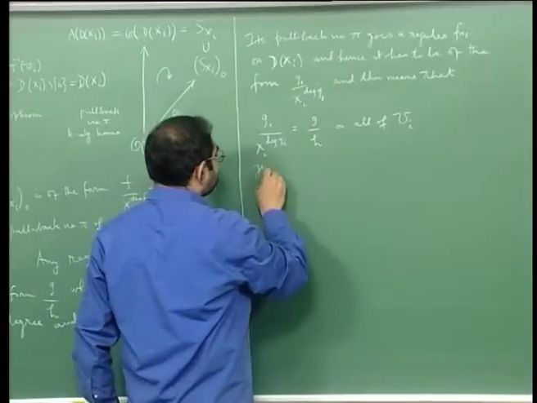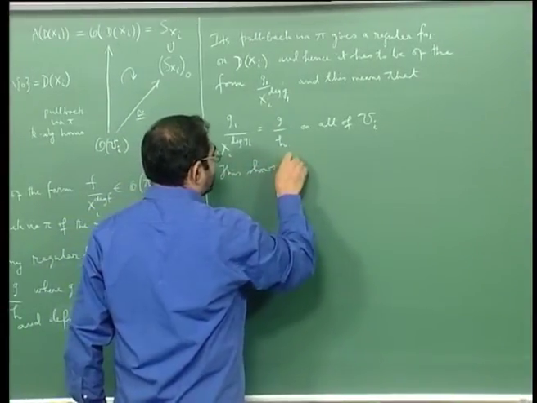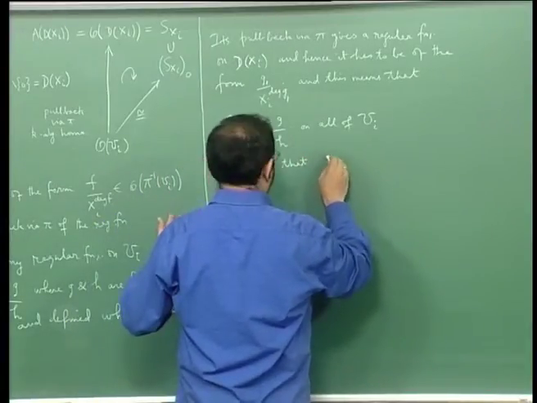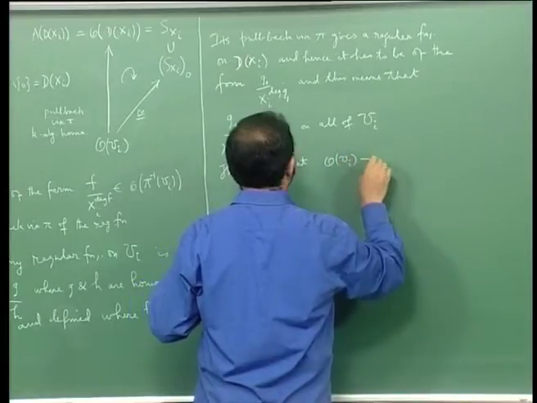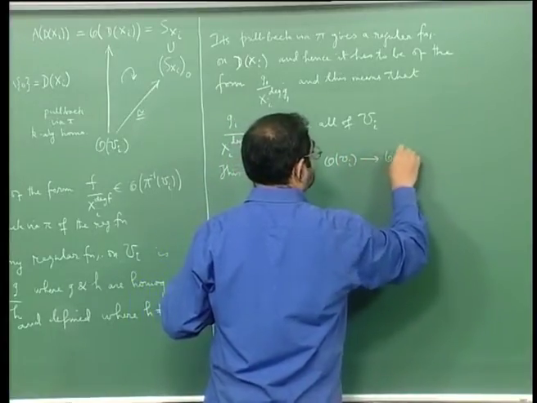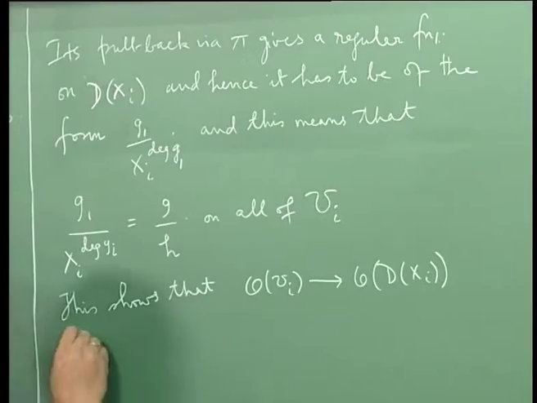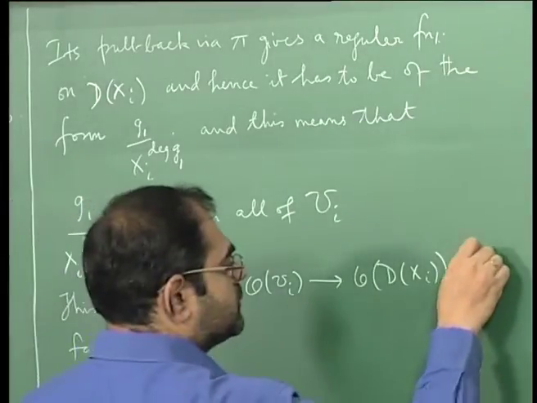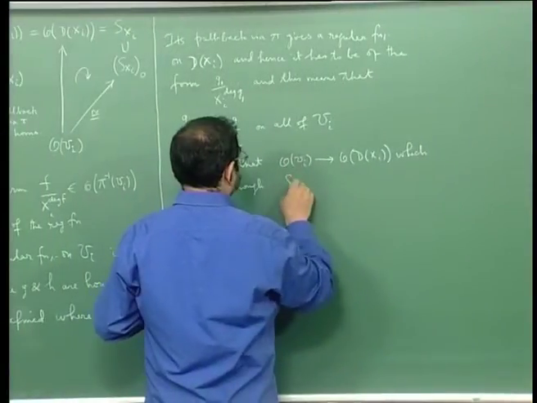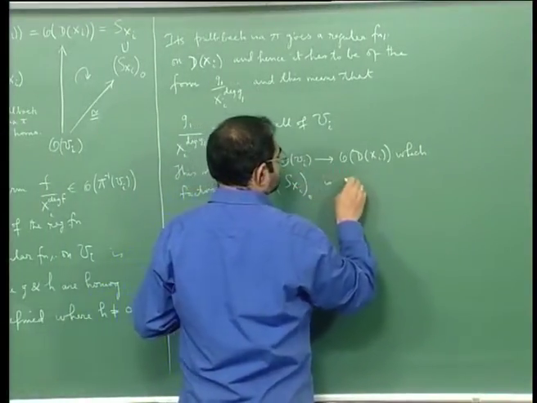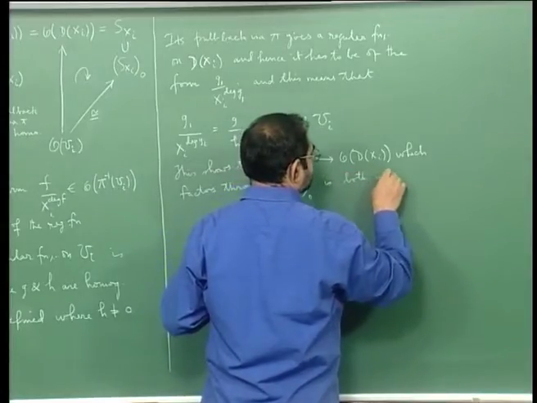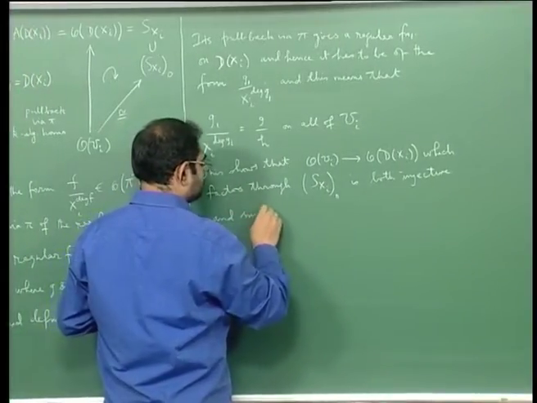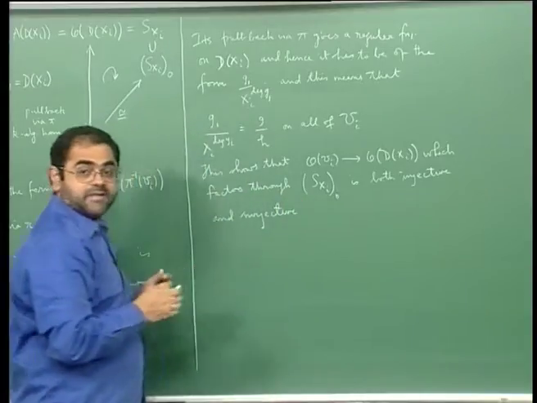This shows that the map from O of ui to O of dxi factors through S xi 0 and is both injective and surjective.